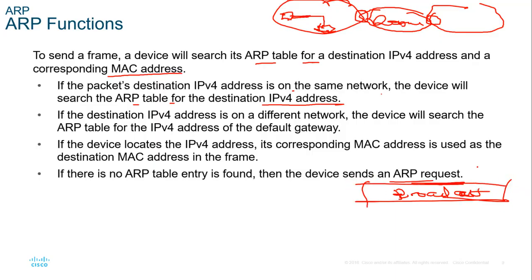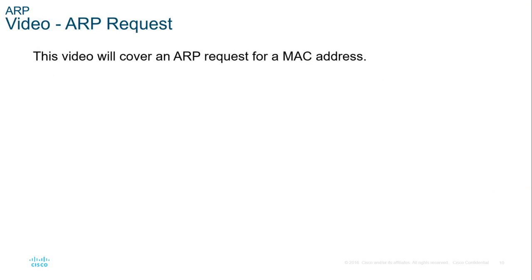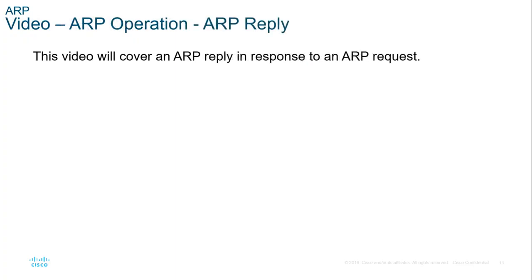whereby all the devices on that network, on that LAN, will receive the request and process it. So this is the video that covers ARP request for MAC addressing. We have another one that will cover ARP reply. It's a request, all of them will receive it, but not all of them will reply.